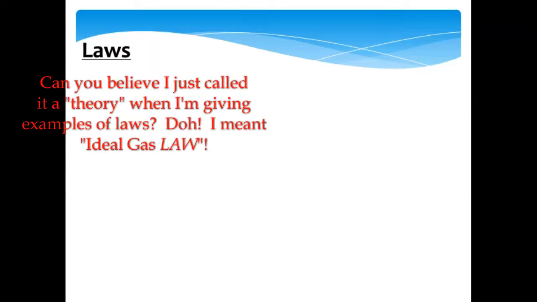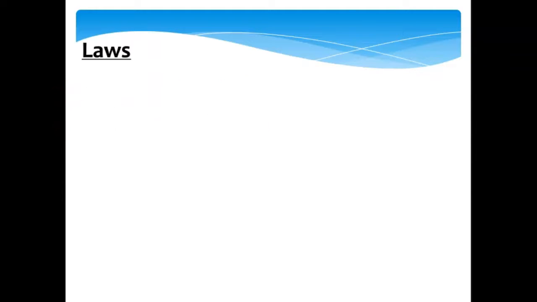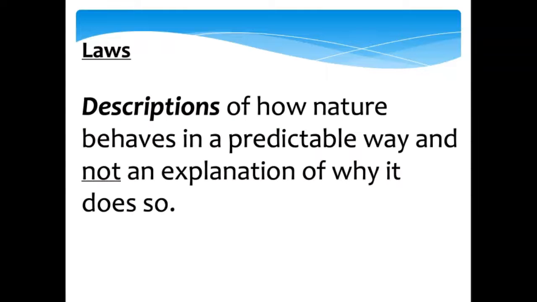One is a scientific law, right? We hear about Newton's law, for instance, that objects in motion will tend to stay in motion unless acted upon by an outside force. In chemistry, there's something called the ideal gas law that allows you to predict a pressure if you're given a certain volume of gas and temperature. All of these things are actually descriptions of nature. A law is specifically a description of how nature behaves in a predictable way.